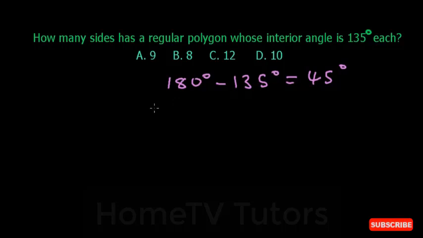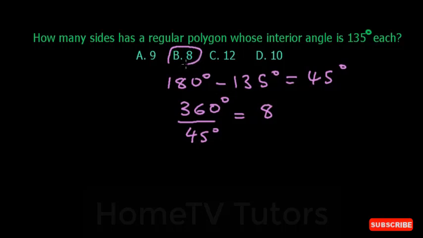But the sum of the exterior angles is equal to 4 right angles, which is 360 degrees. That is 90 degrees times 4. And this is to be divided by 45 degrees, which will give us 8. So the polygon has 8 sides, and that makes B the right answer option.